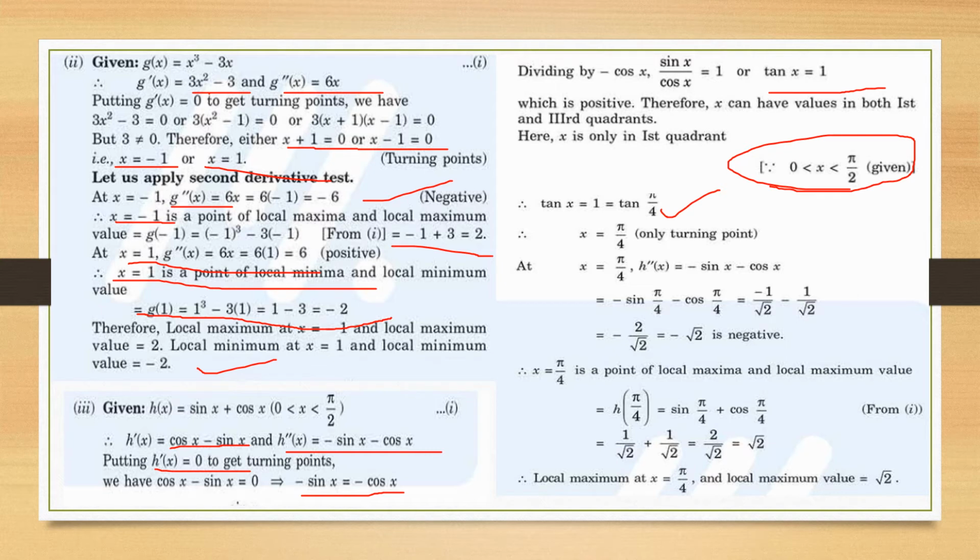So I'll check the double derivative at x equal to pi by 4, which turns out to be -2 by root 2, that is minus root 2, which is negative. So x equal to pi by 4 is the point of local maximum in this case, and the local maximum value can be obtained by putting x as pi by 4, that is sin pi by 4 plus cos pi by 4. So we get root 2. This is your local maximum value.